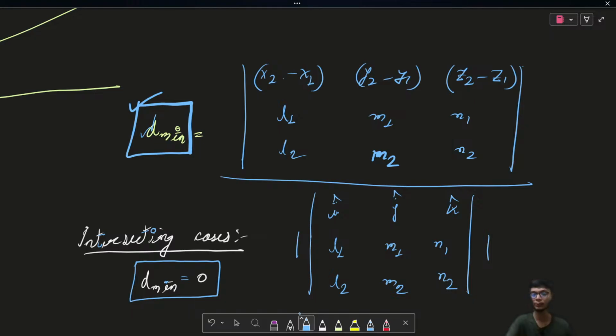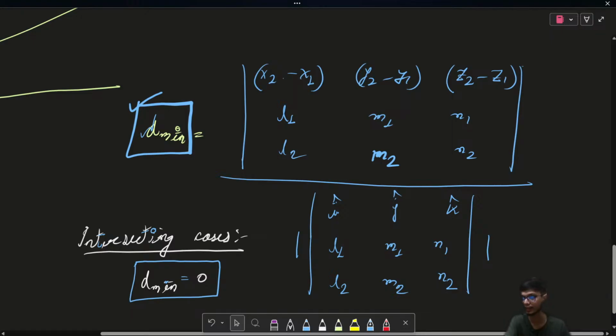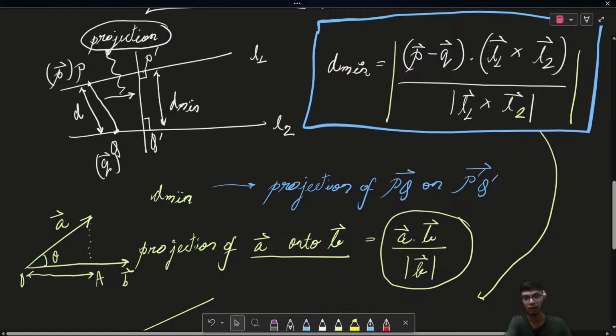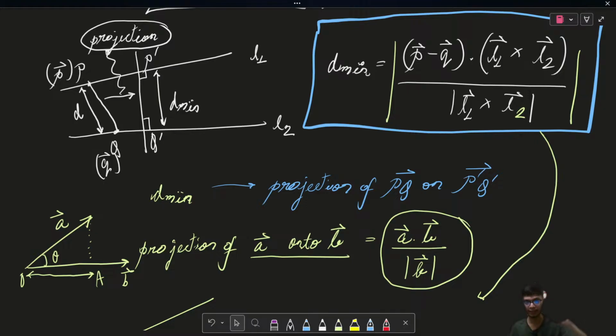I hope this one step is clear. Once you obtain this particular result, what we have done here is just projected two random points onto this perpendicular and found the distance.